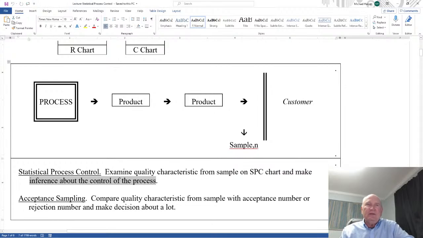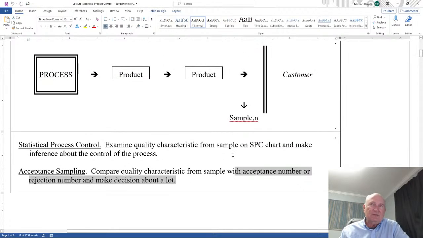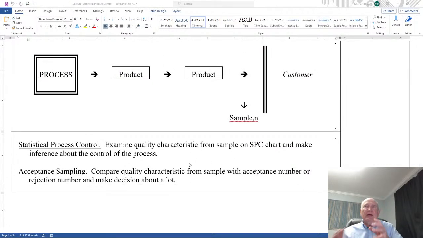The second way to do it is acceptance sampling, where you compare the quality characteristic from the sample with an acceptance number or a rejection number to make a decision about a lot or a sample. Sample, lot, same thing. In other words, it's bad, but then how bad is it?